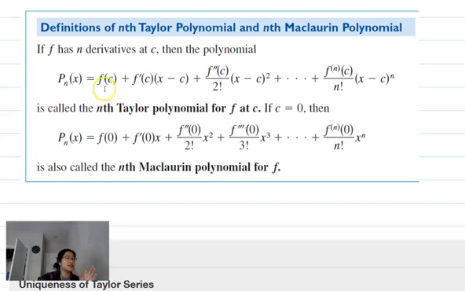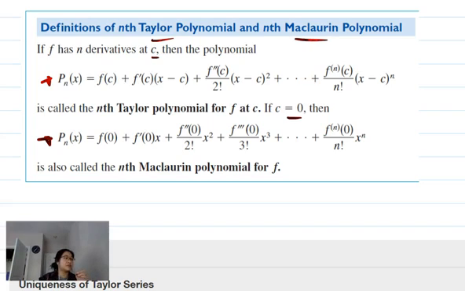And these polynomials we're constructing in the same kind of manner of thinking about where we're centering at, and that's the difference between our Taylor and our Maclaurin. We have a capital P with a subscript n, because that's how many terms we're ending up with.